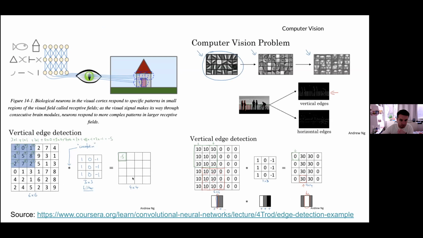Trying to find the annotation button here. Okay. So in this case, if the filter is of this form, 1, 1, 1, 0, 0, 0, negative 1, negative 1, negative 1, you will see soon that this filter detects what is called vertical edges. And how is this applied to the original image?